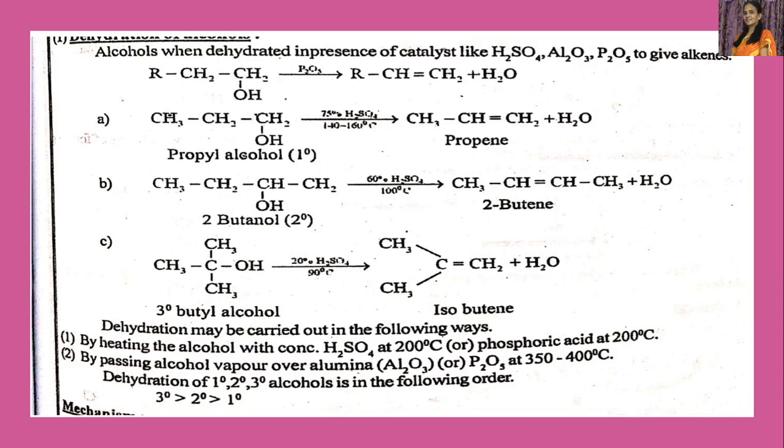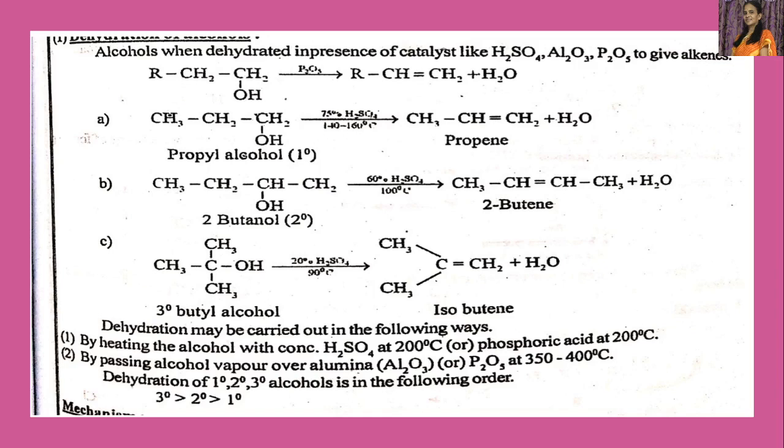CH3CH2CHCH3, that is four carbons. Therefore, this is butanol. So this is 2-butanol we wrote. Why is it 2-butanol? Because on the second carbon atom the OH group is attached. Therefore, it is 2-butanol, which is a secondary alcohol. How do you say that it is a secondary alcohol? Because this OH group is attached to a secondary carbon.